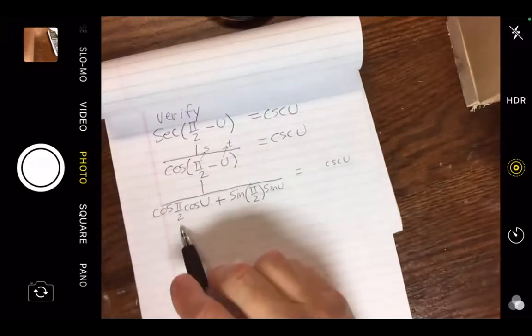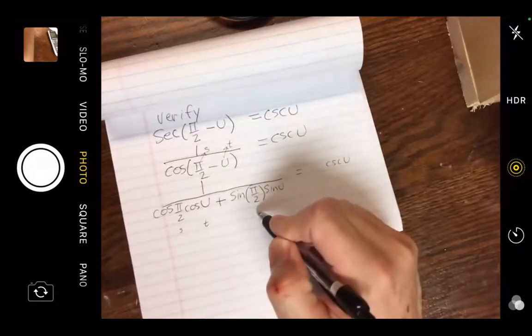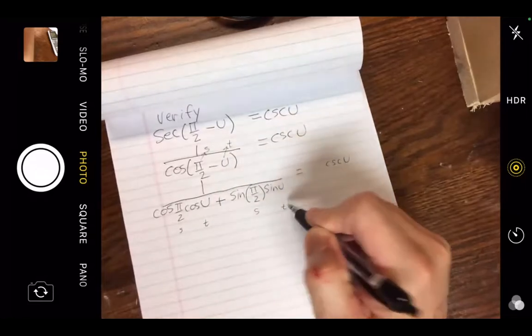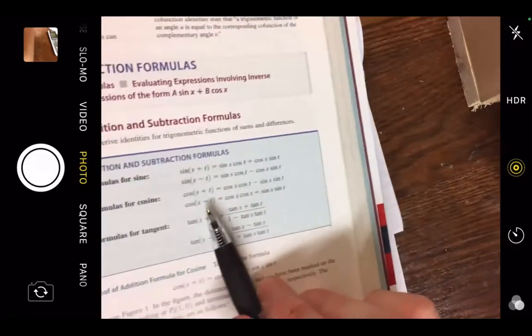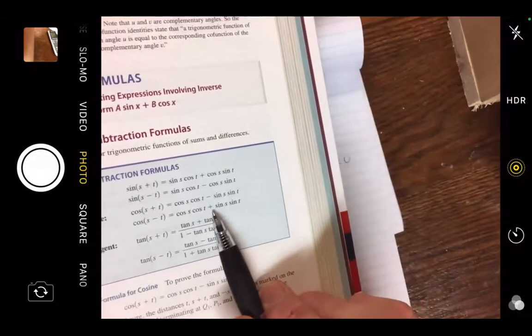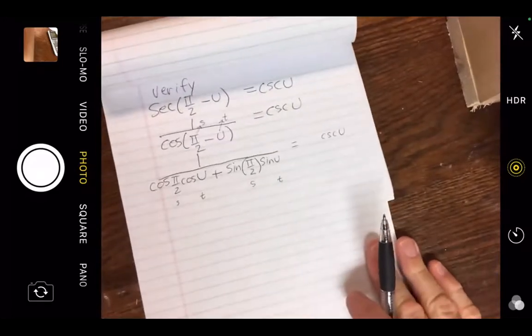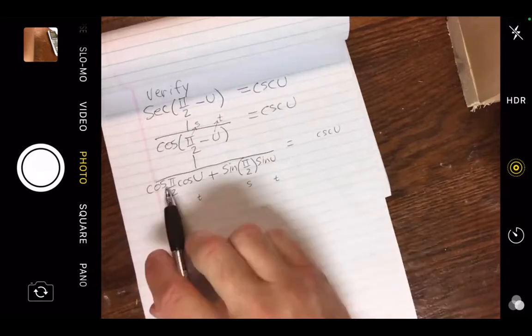So that is your cosine s, cosine t, plus sine s, sine of t. That's what they're doing here. Cosine s, cosine t, opposite sign, sine s, sine t. Are we ready to plug in the numbers?